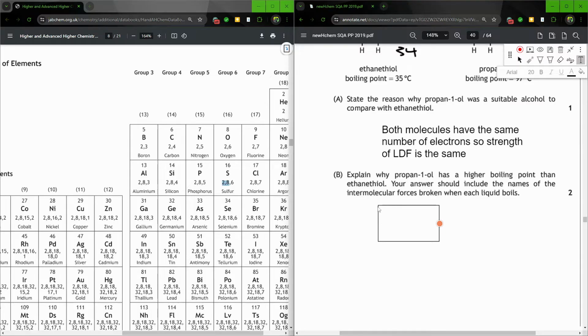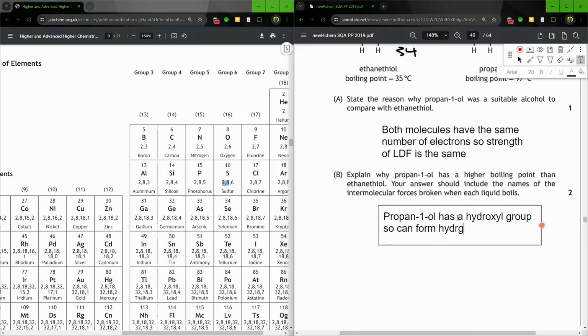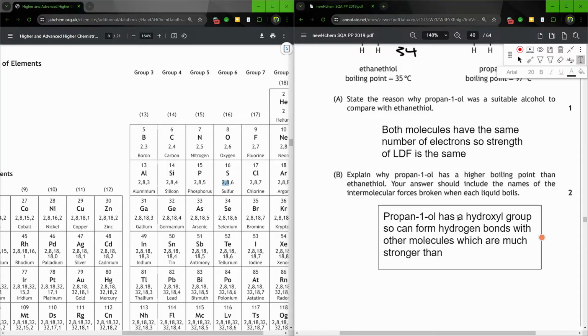Okay, so propan-1-ol has a hydroxyl group, so it can form hydrogen bonds with other molecules, which are much stronger than PD.